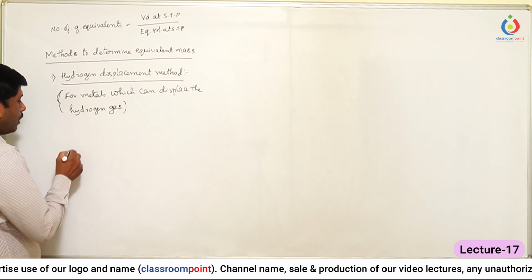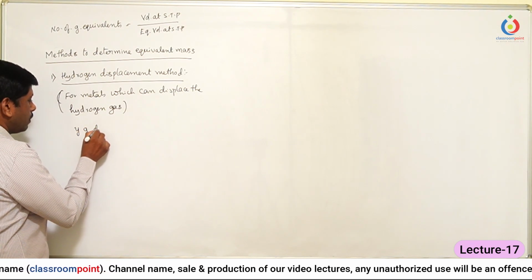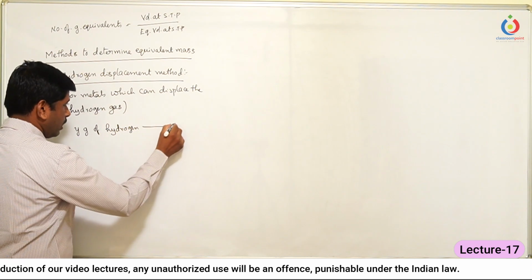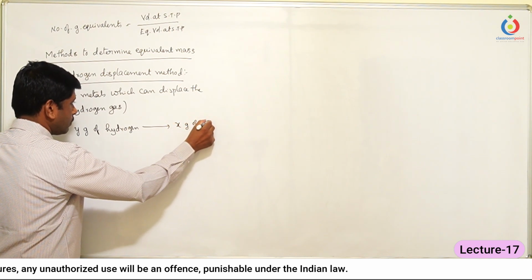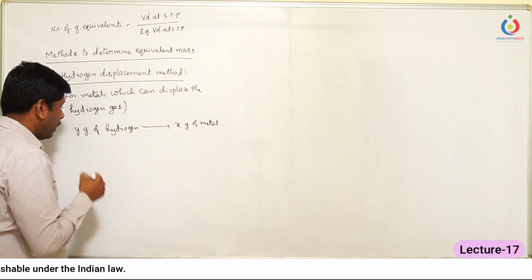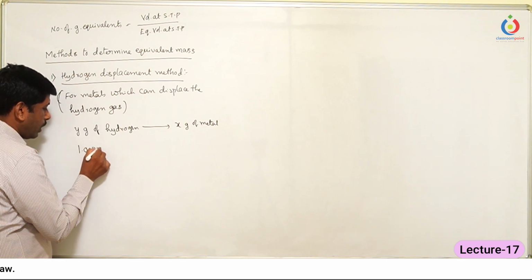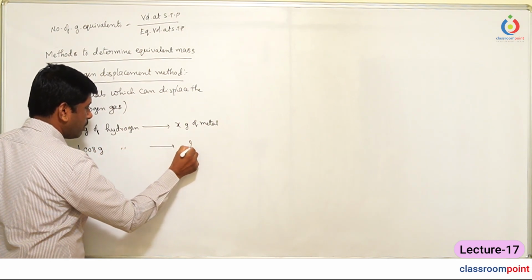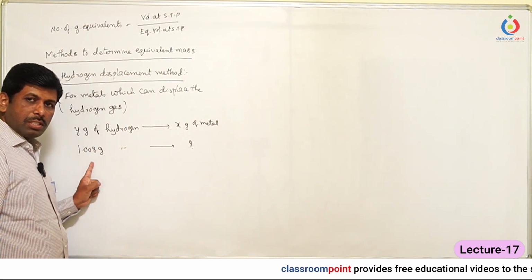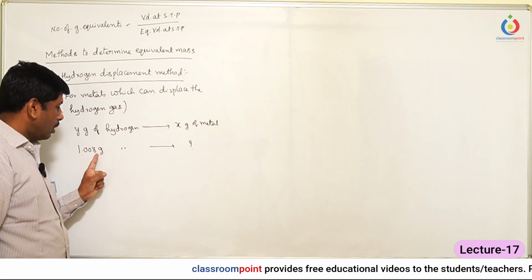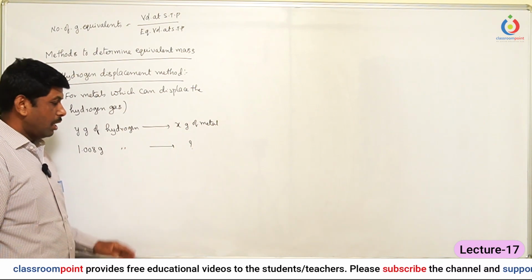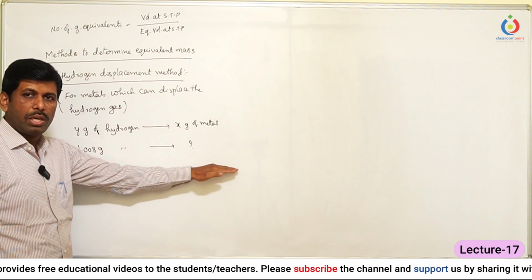Imagine Y grams of hydrogen was displaced by X grams of metal. If they ask us to calculate the equivalent mass of the metal, then you have to see 1.008 grams of hydrogen is displaced by how many grams of the metal. You must remember that this is the one equivalent mass of hydrogen. So this was displaced by some mass of the metal, which means that could be the equivalent mass of that particular metal. Why? Because one equivalent part always combines with only one equivalent part.